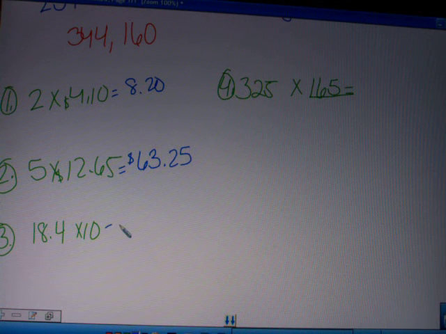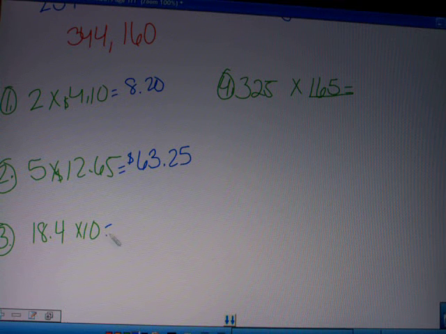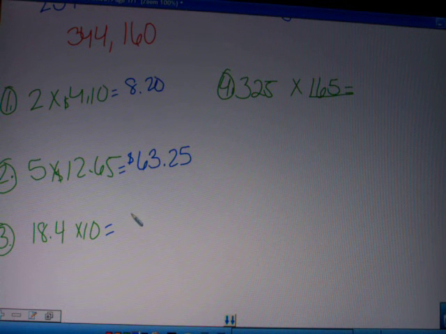When I do 18 4/10 times 10, hopefully you remembered how to work this, I get 184. Remember that the great thing about multiplying by 10 is you're just moving decimal places over.